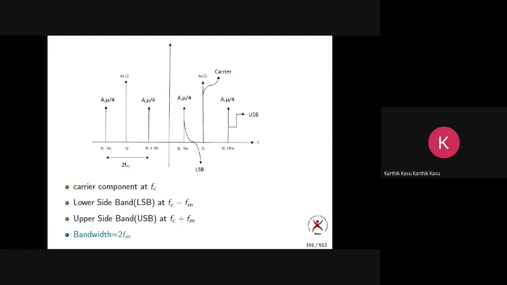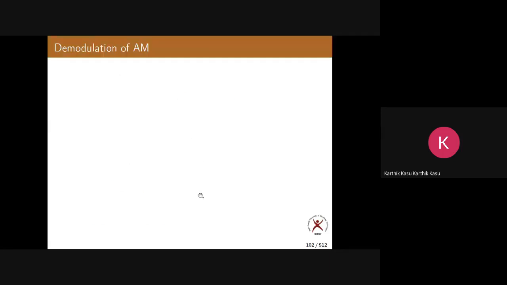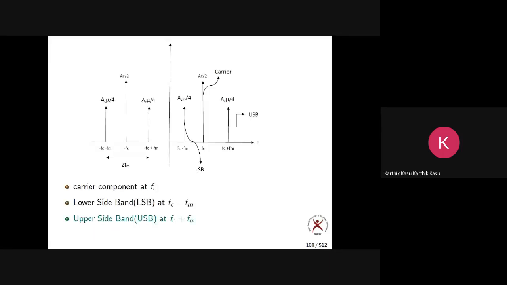So every spectrum of an AM signal will contain these 3 major components: carrier component, upper sideband and lower sideband, and from the spectrum we can calculate the bandwidth. The bandwidth will be 2 times the bandwidth of the message signal.